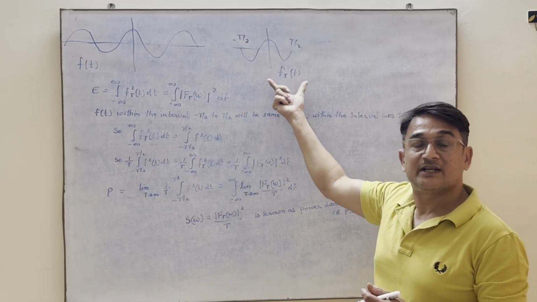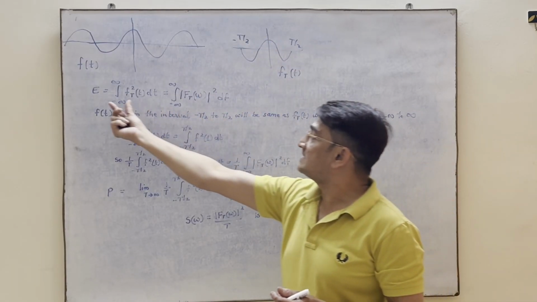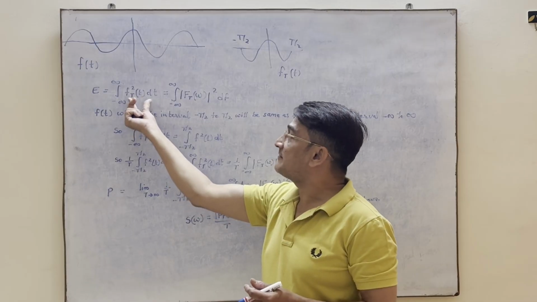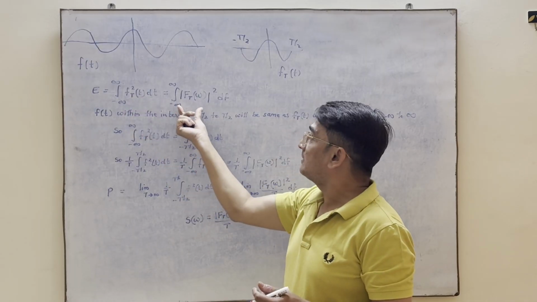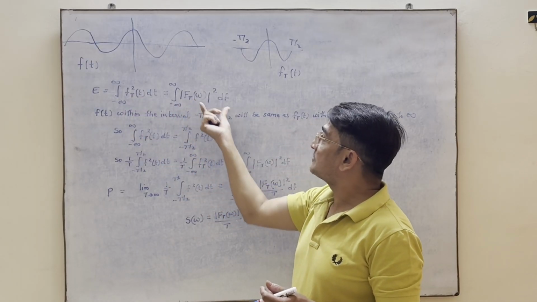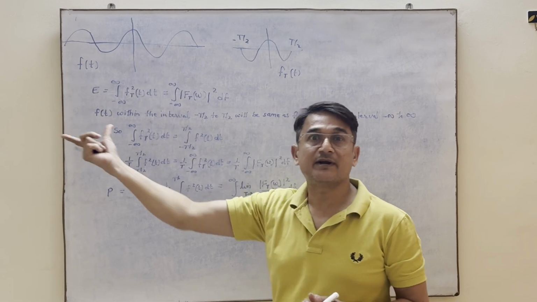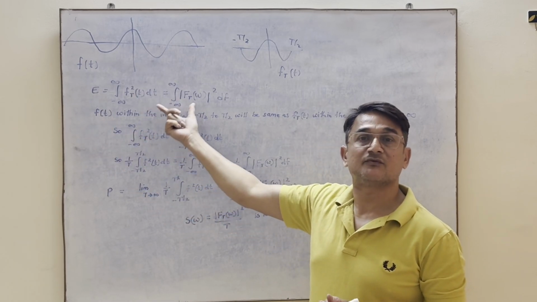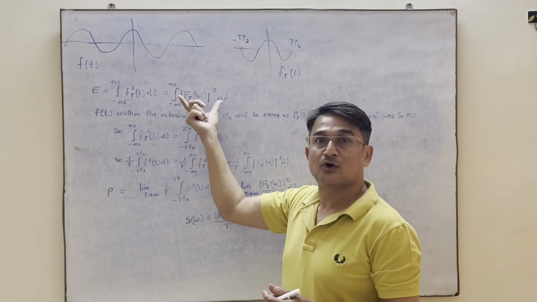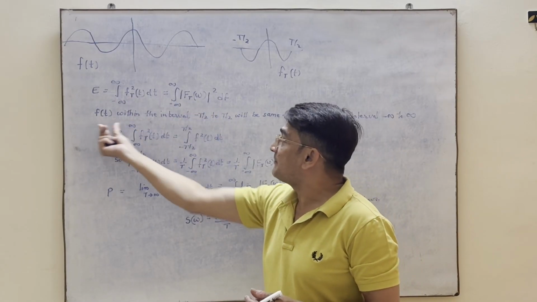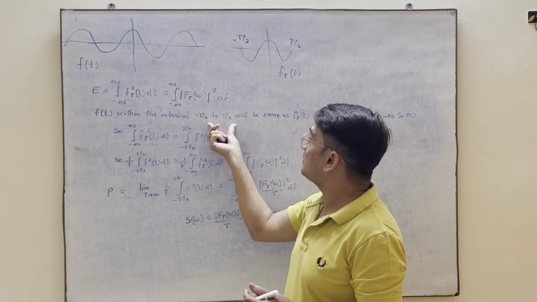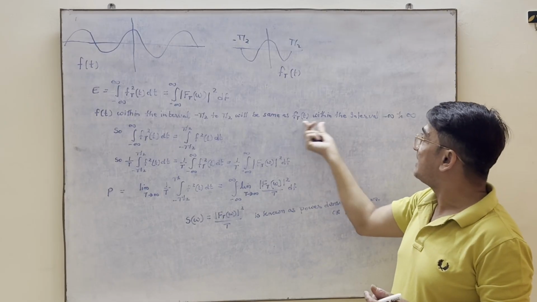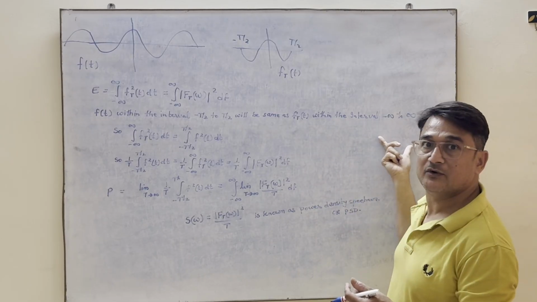That means we can calculate the energy of this signal, which is E equals minus infinity to infinity f_T square t dt, or f_T omega square df. This we have already seen in the energy density spectrum or Parseval's theorem for energy signal. So this you already know. Now ft within the interval minus T by 2 to plus T by 2 will be same as f_T within the interval minus infinity to infinity.